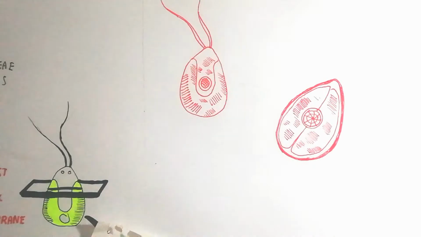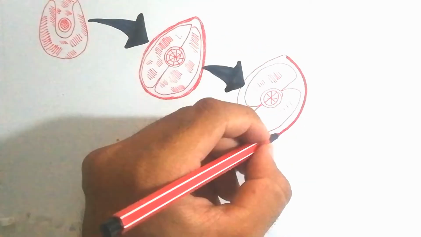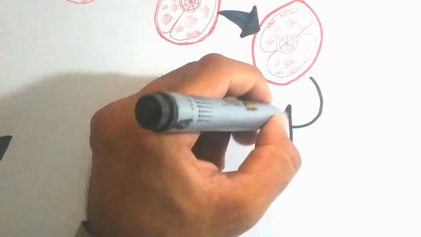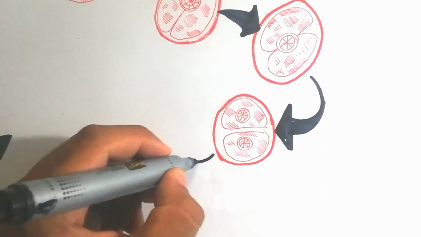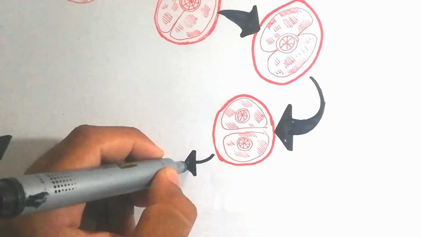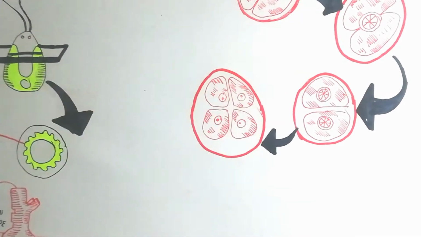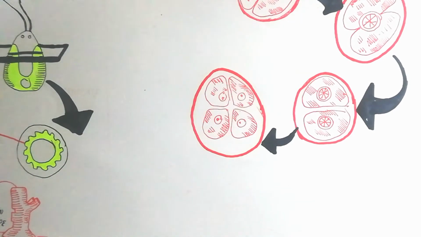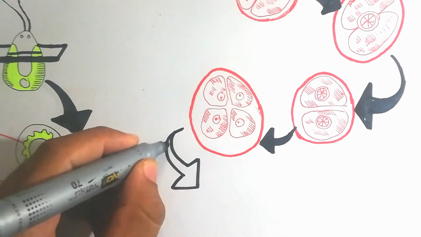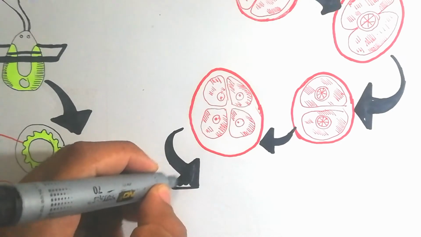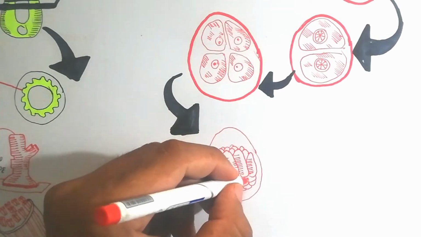So I will explain with a diagram. Here is the flagellum that is disappearing, and it begins to create a line for the cleavage. For example, the nucleus is present here, and the nucleus divides in a transverse way, and it converts into double, then four-fold division, so four cells will be produced.